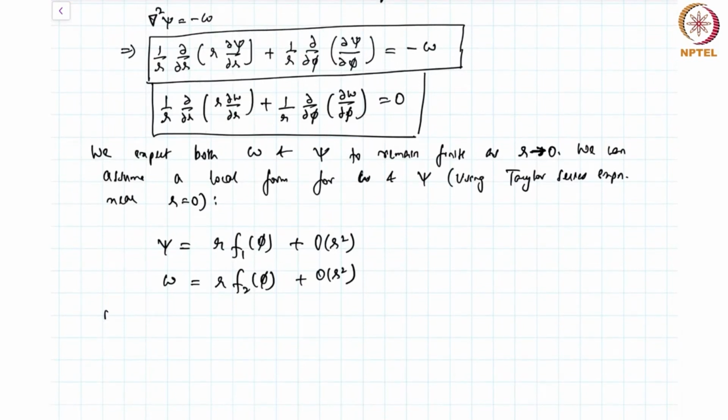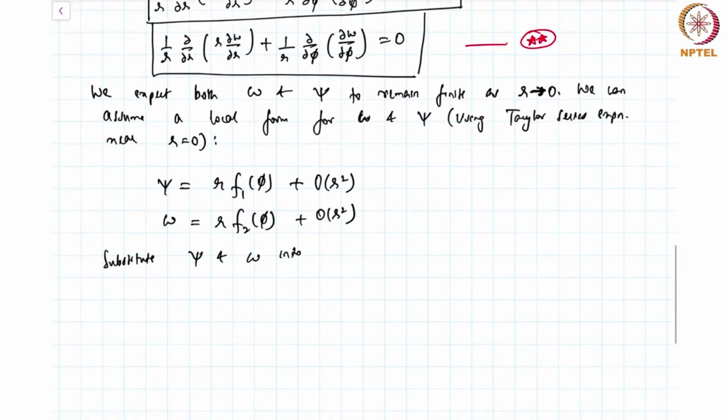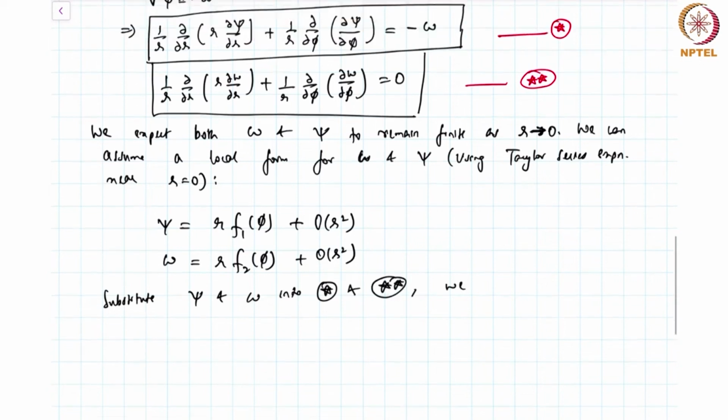Now we can substitute ψ and ω into, let's label these equations, let's call this equation star and this equation double star. I won't do the analysis here because it's straightforward substitution and differentiation.